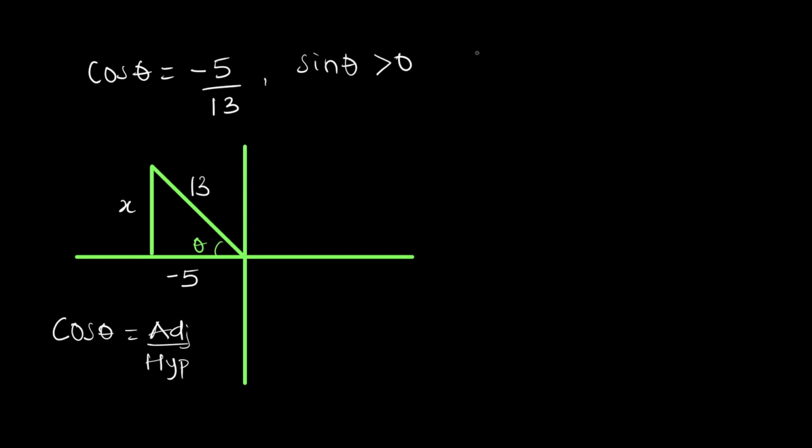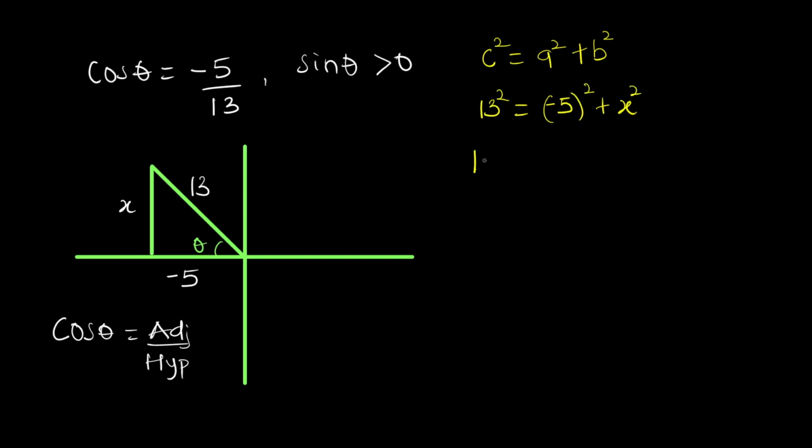So from our Pythagoras theorem, we are going to have that c squared is equal to a squared plus b squared. This entails that the longest side, 13 squared, is equal to minus 5 squared plus x squared.